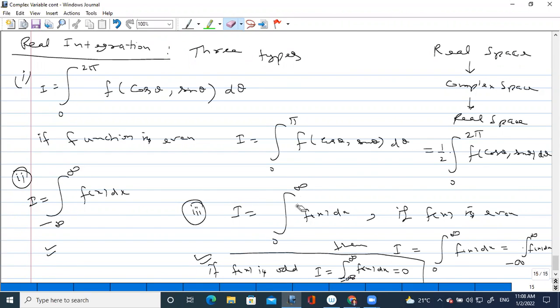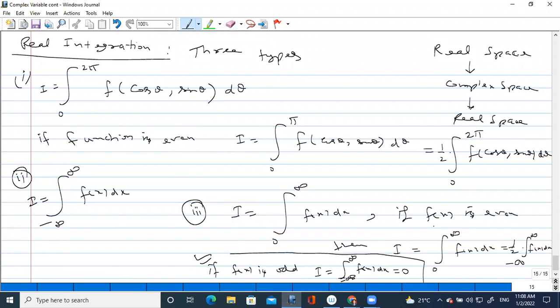So this term also, if f(x) is even, will be converted to minus infinity to infinity, and it will be 1 by 2 of this much. Then you can do. Okay? Done?